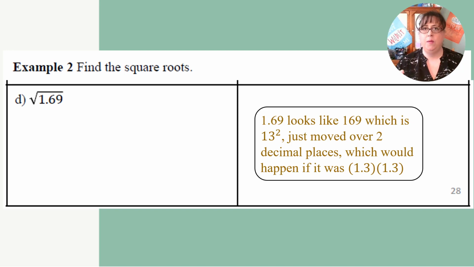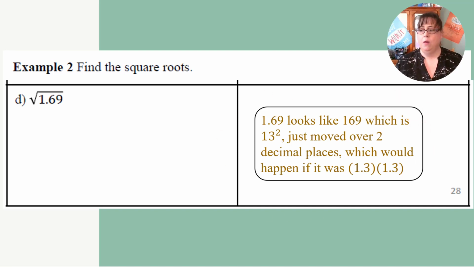In the same way that when I have 2 zeros, I know that's a doubled 0, I know that 2 decimal places, if I multiplied 1.3 times 1.3, would move it over 2 decimal places. So it's knowing and understanding what decimals do.